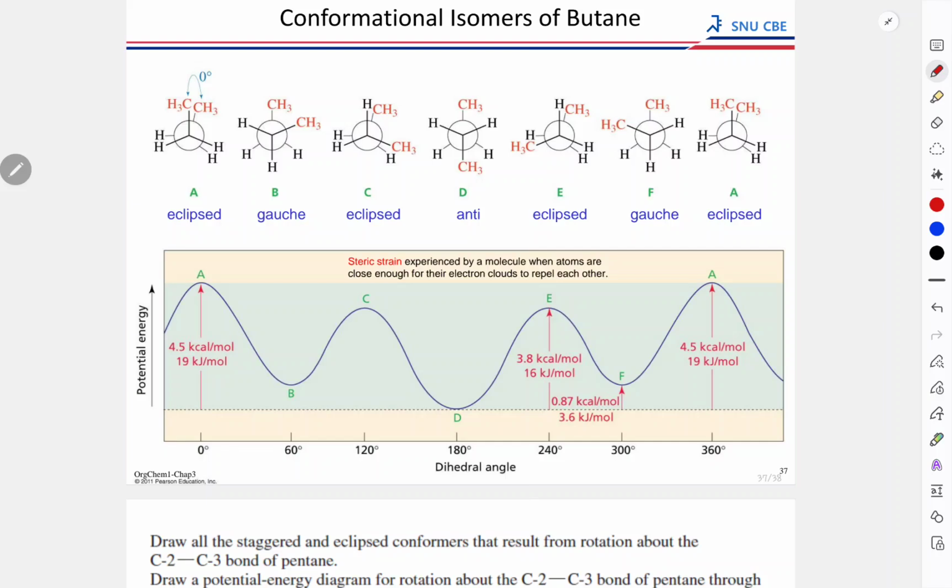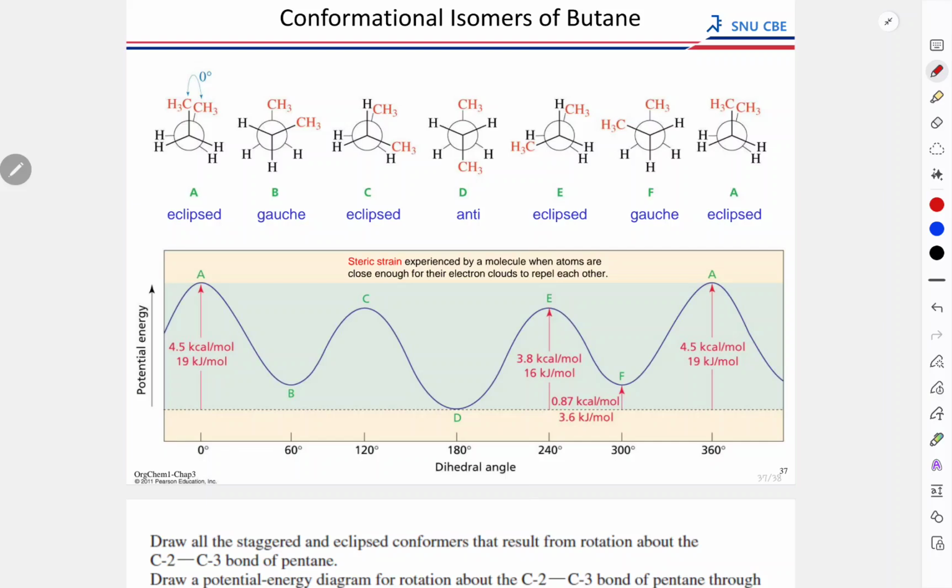So for this eclipsed conformer, as you calculated, this is 4, 4, 11, which gives you 19 kilojoule per mole. Then you have these eclipsed conformers, C and E, which are identical, as you already know. And this is 16 kilojoule per mole, that is 4, 6, 6.